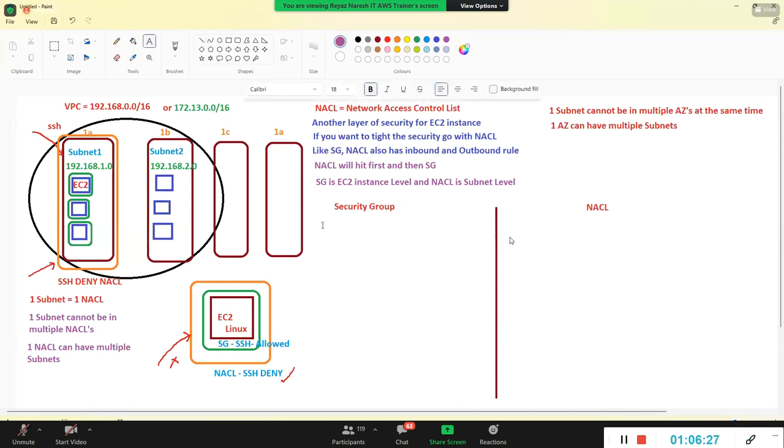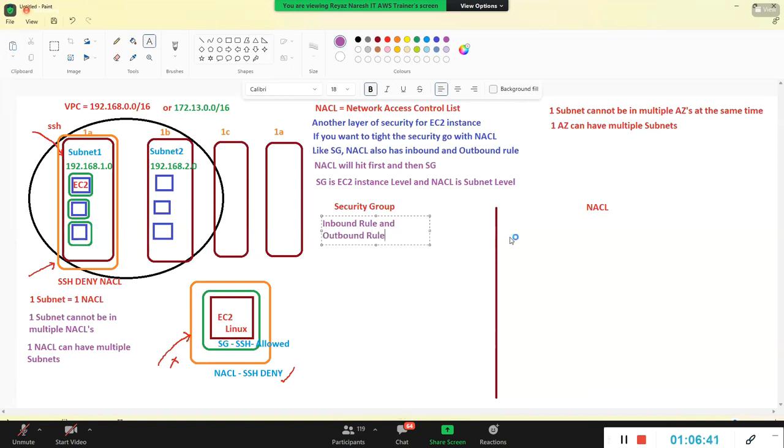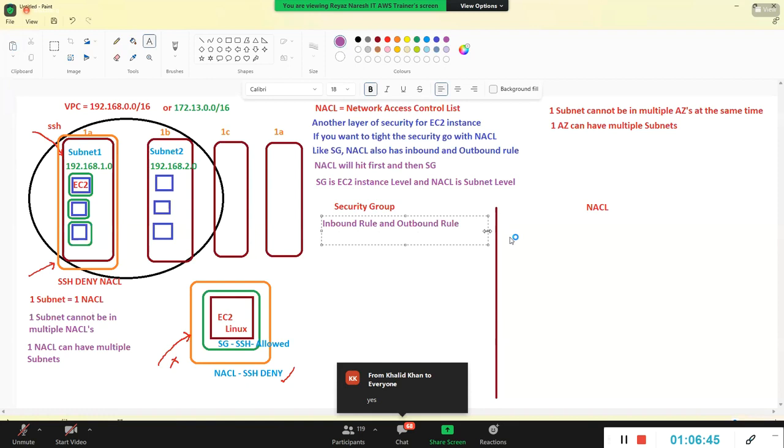Whatever you know, tell me. Security group has inbound rules and outbound rules, yes or no? NACL also has inbound rules and outbound rules.